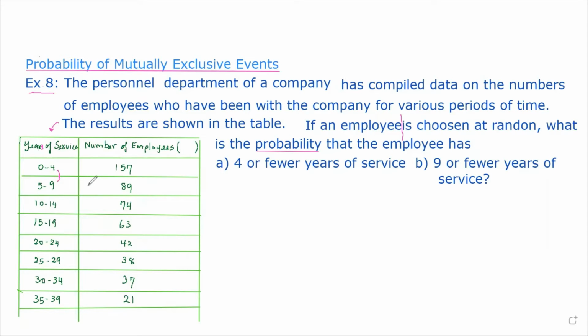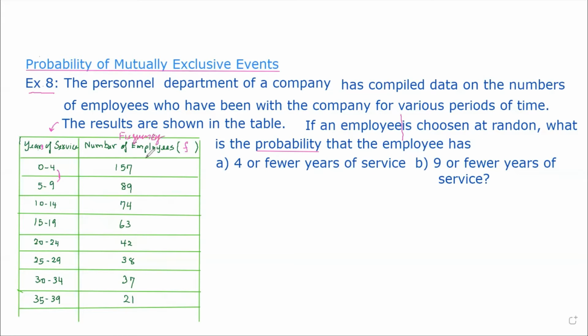Like statistics exactly, the statistics we just finished. But in statistics we do have questions about probability also. But now this question is only probability alone. But then you can see how it's related. So we come back to here. The number of employees is like a frequency in statistics, so we name it F, or just say frequency, right?